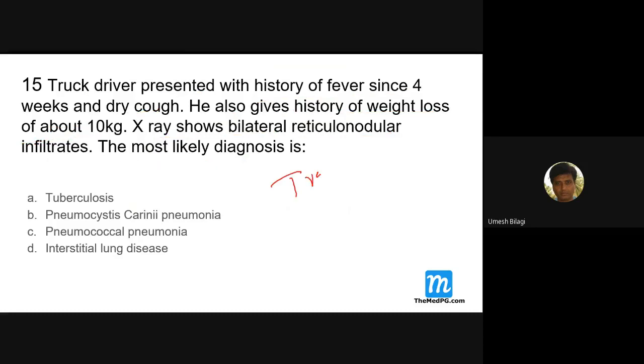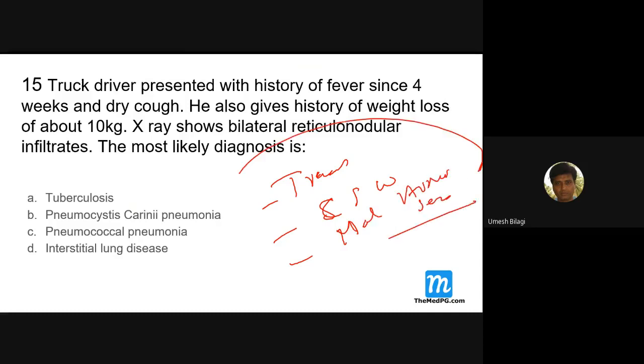Truck driver, commercial sex worker, male homosexual. These are high risk patients for STD, HIV. And drug abusers.